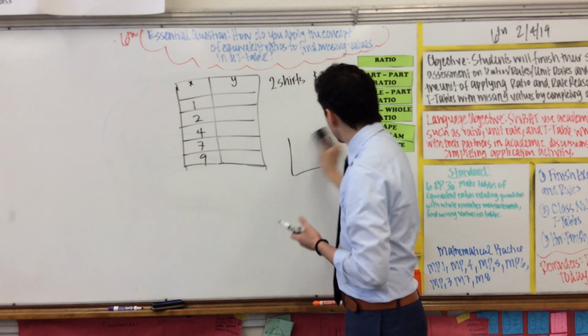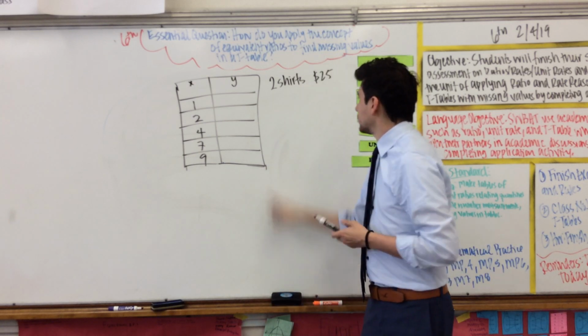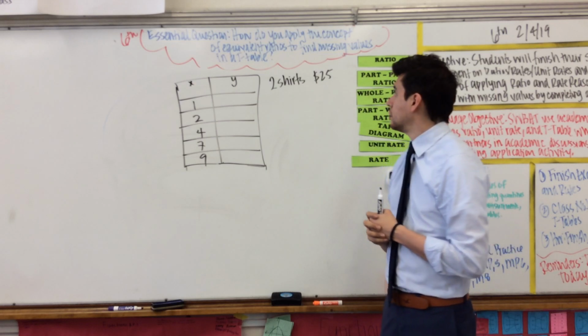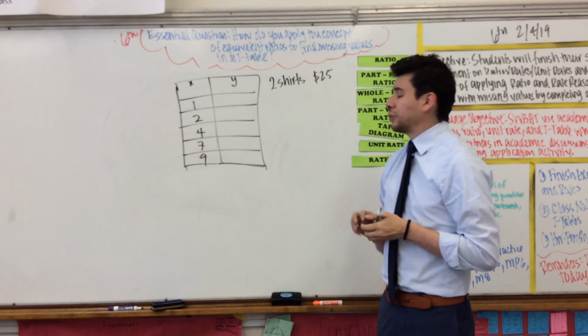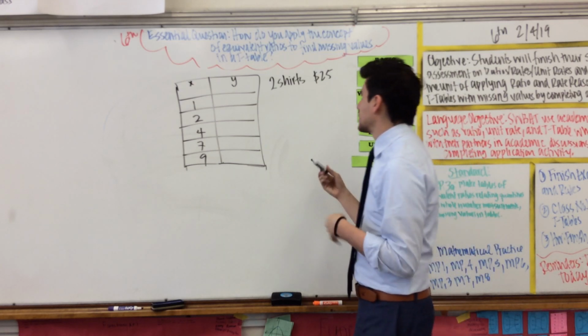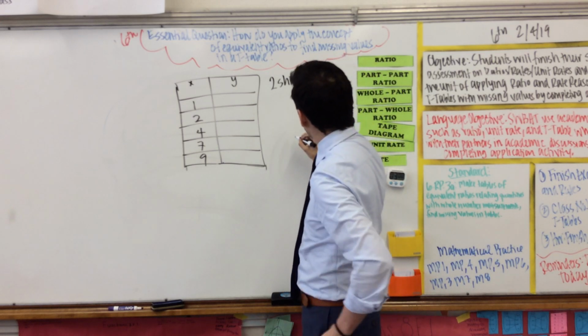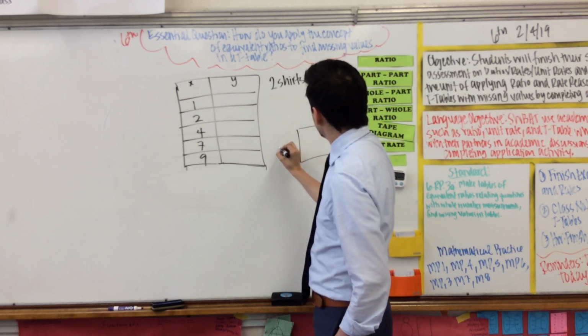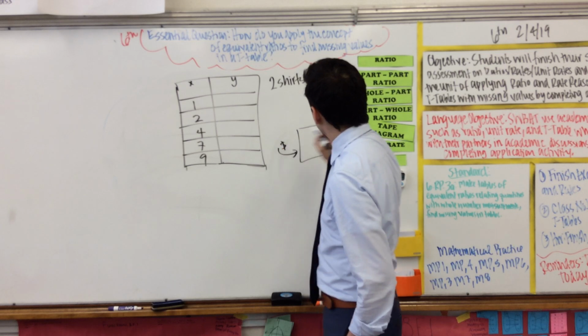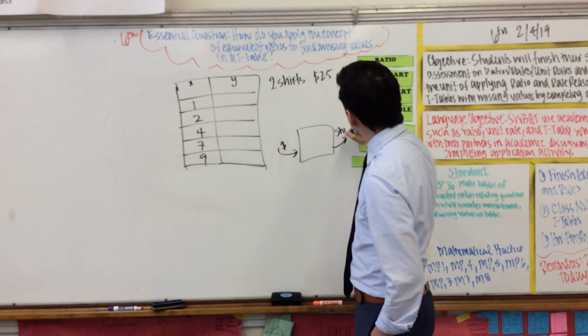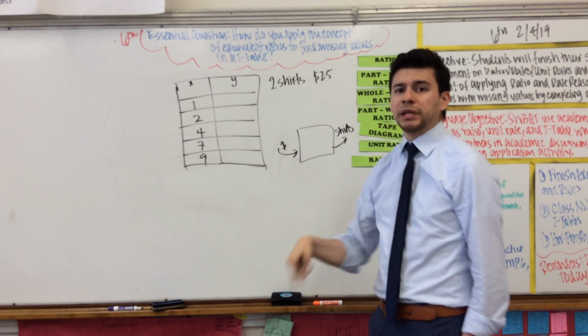Well, before that, can I reduce this? No, well, you can. So I'm stuck with that. Okay, so if I figure out the units, would it make sense if I put in money and get shirts out?